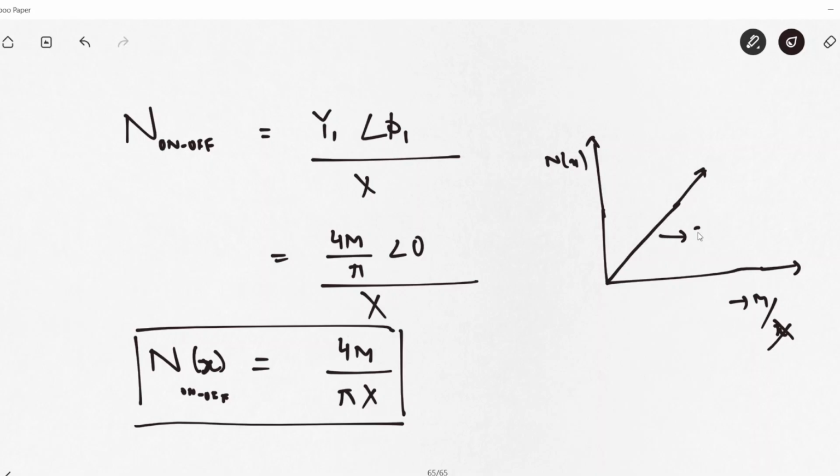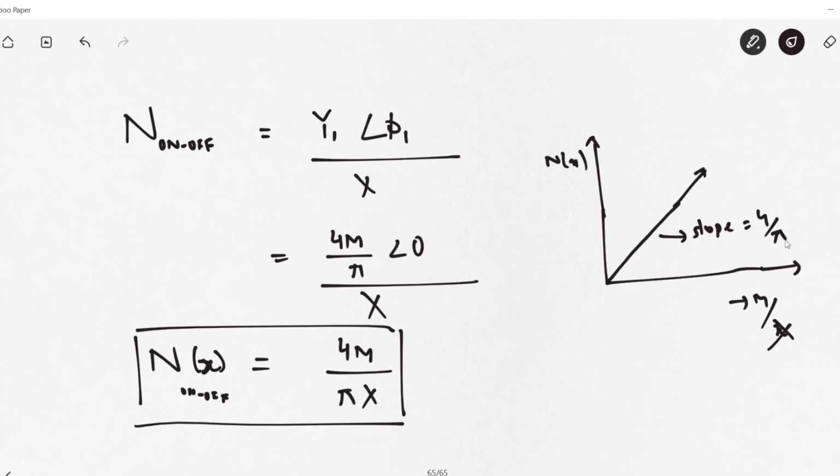That means the slope of this line is 4 divided by pi. So the graph of the describing function with respect to m divided by x is a straight line whose slope is equal to 4 by pi for an on-off relay.